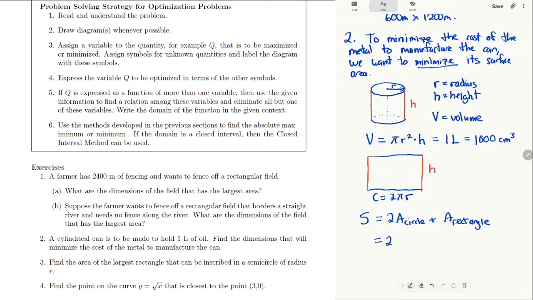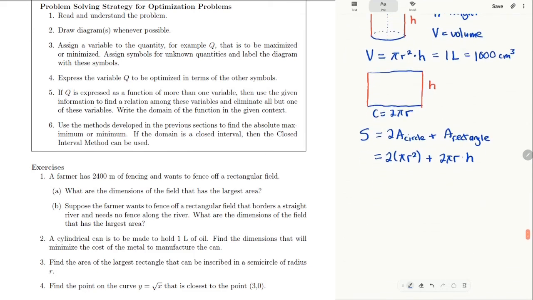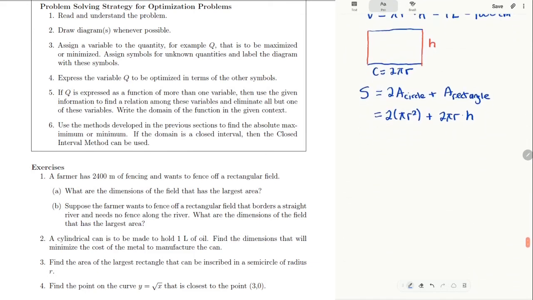So we have 2 times pi r squared plus the area of the rectangle, so the side of the can, which is 2 pi r times h. And so we want to find the minimum of this function.